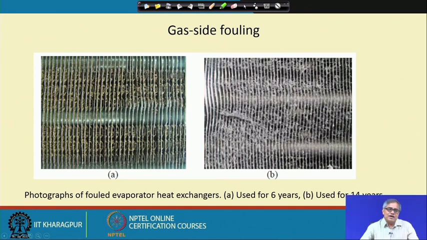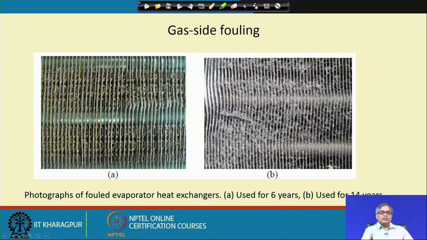In this kind of heat exchanger, if a clean refrigerant is used and there is a filter in the circulation circuit, tube side fouling will be less, rather we will have more fouling on the fin side, because in most cases we take ambient air, let us say in some HVAC application, and ambient air will have dust and dirt, and if it is not filtered properly, this kind of fouling will take place.